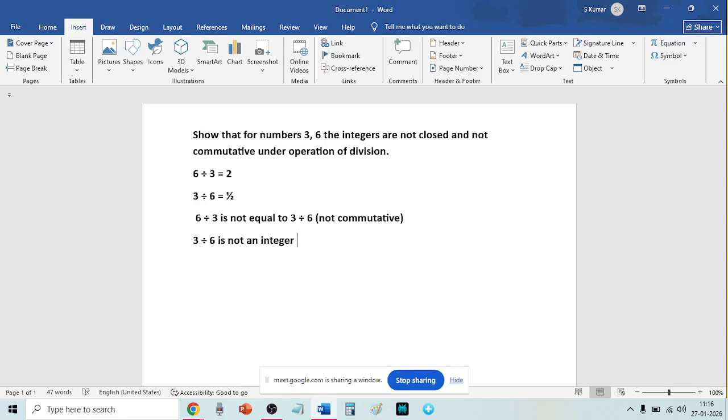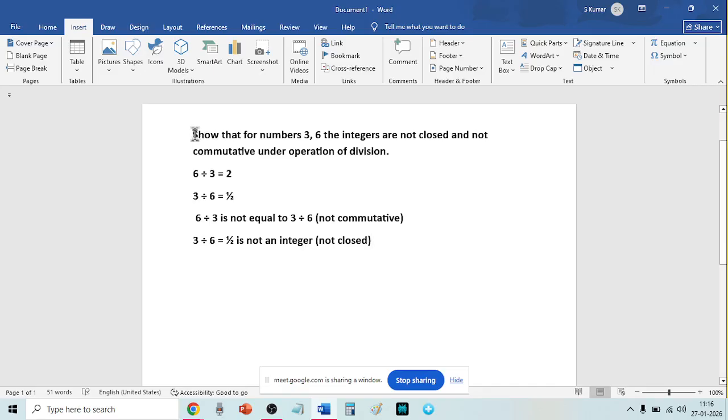That means not closed. The answer is not an integer, not closed. So neither commutative nor closed. Got it?